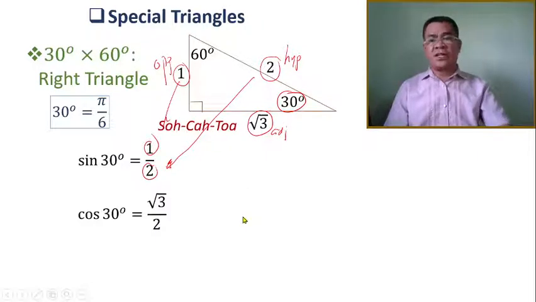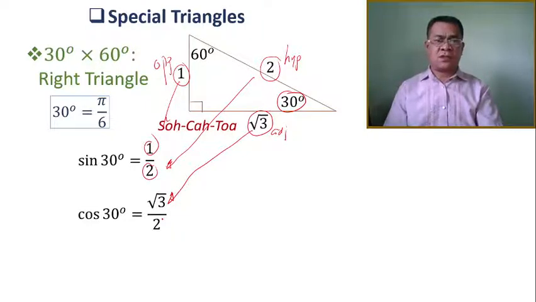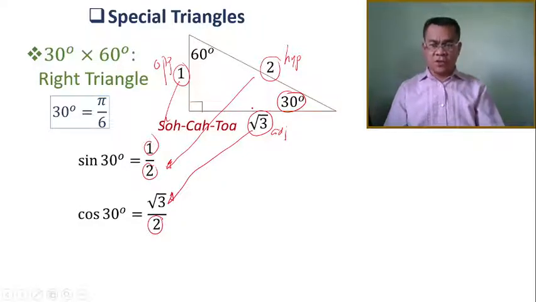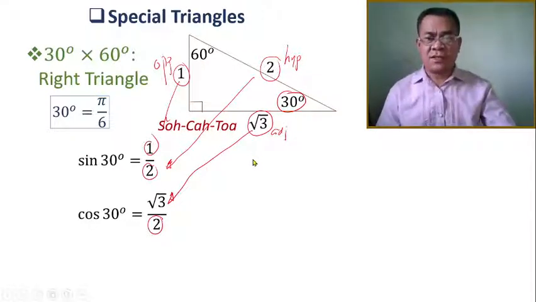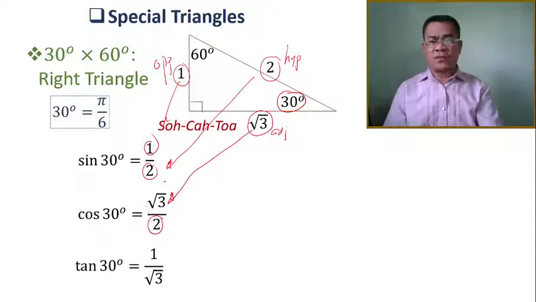Now for the cosine, take note that cosine is adjacent over hypotenuse. So this is the adjacent, so you have to use it, and this is the hypotenuse, which is 2. So square root of 3 over 2 is the exact value for the cosine of 30 degrees. Now for tangent, opposite over adjacent. Remember that our opposite is 1, our adjacent is square root of 3.